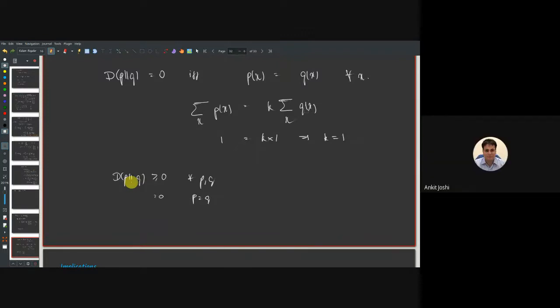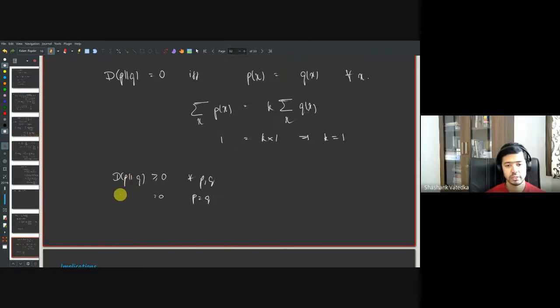Sir, symmetric property. Exactly. So D(P||Q) is not symmetric. D(P||Q) is in general not equal to D(Q||P). There could be some specific distributions for which D(P||Q) equal to D(Q||P), but in general, this is not true. Whereas if you look at the Euclidean distance between 2 points, then this is symmetric.